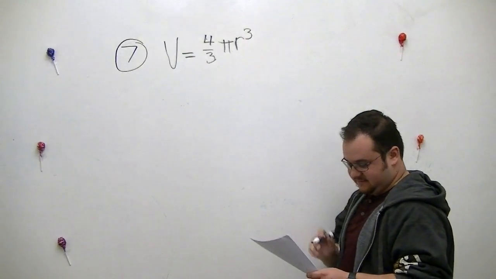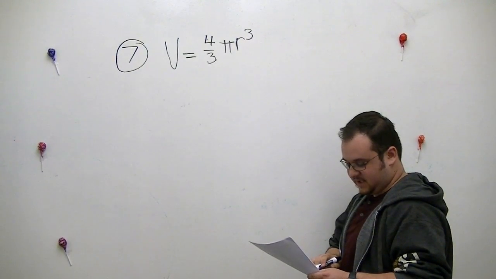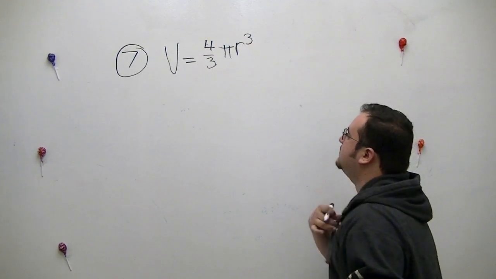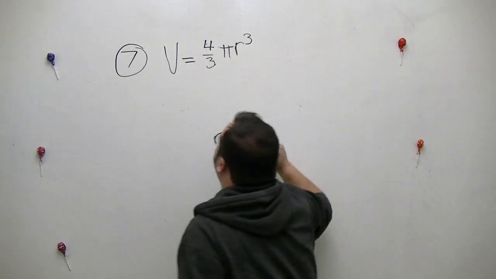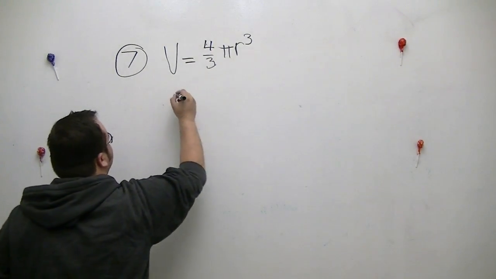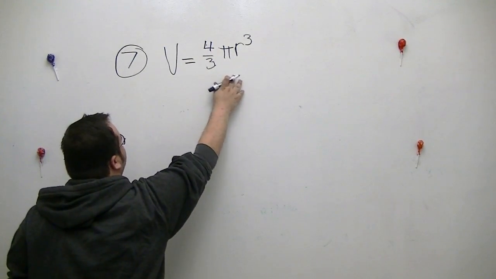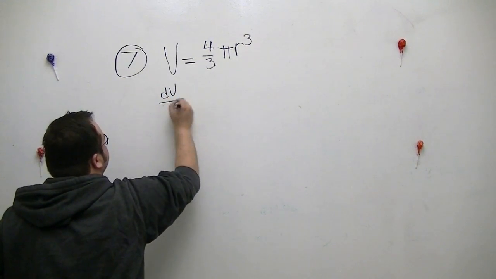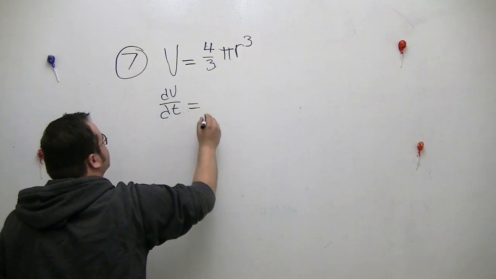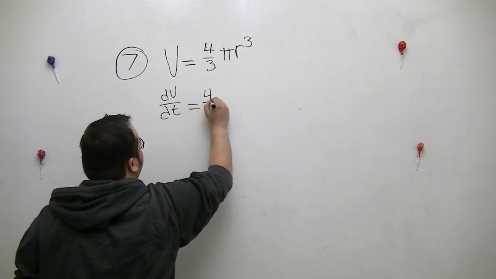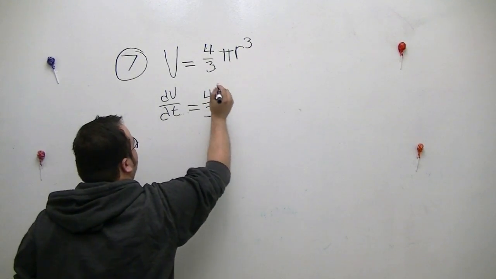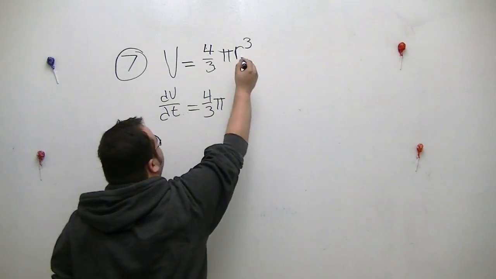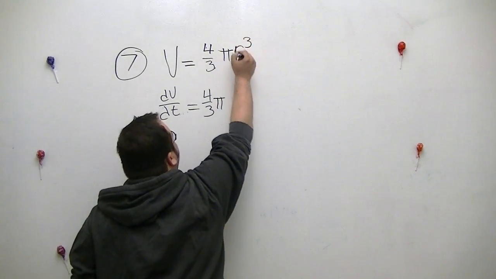Okay, so for step 7, we're going to calculate the rate of change of the volume over time of our Tootsie Roll Pop. We're just going to take the derivative of the volume of a sphere, and this is going to be implicit differentiation. So we're going to have dV/dt equals 4/3. This is a constant along with pi, so we're just going to move them out, and we're going to take the derivative of this.